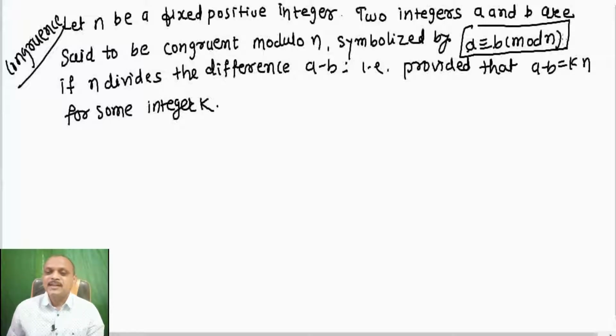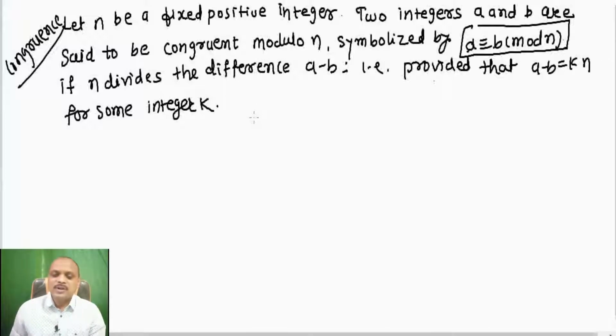We read it as a congruent to b modulo n. If n divides the difference a minus b, that is, a minus b equals kn for some integer k, then we say that a is congruent to b modulo n. So this is the definition of congruences.